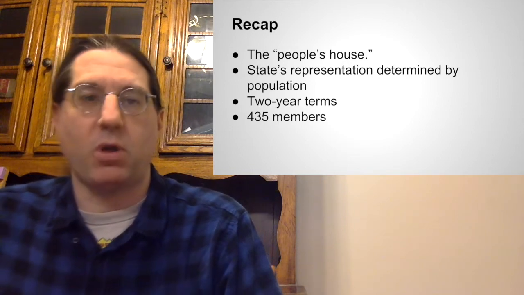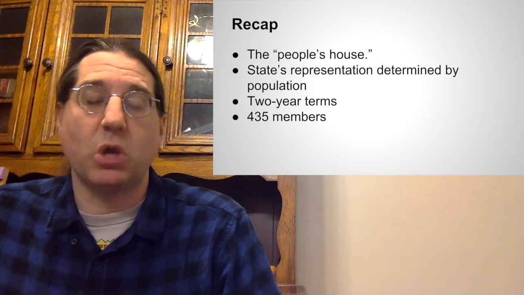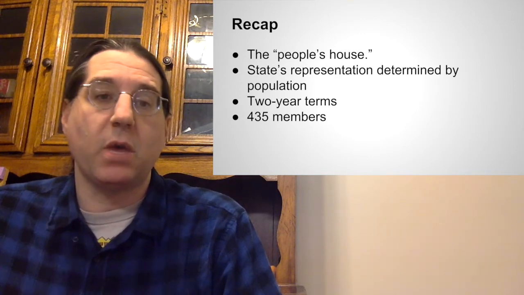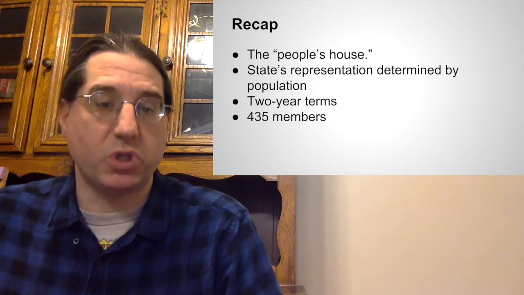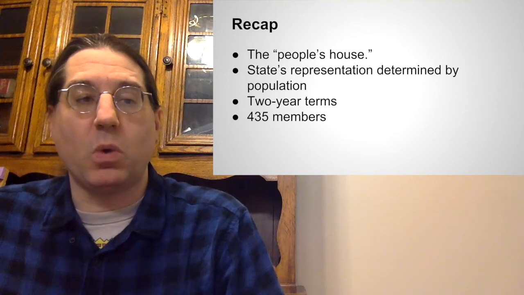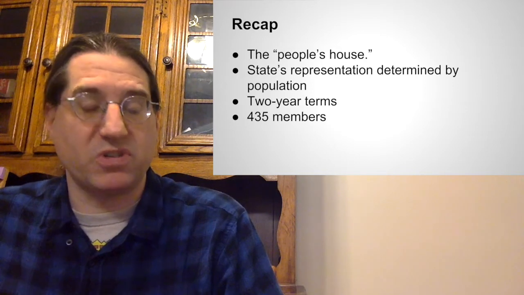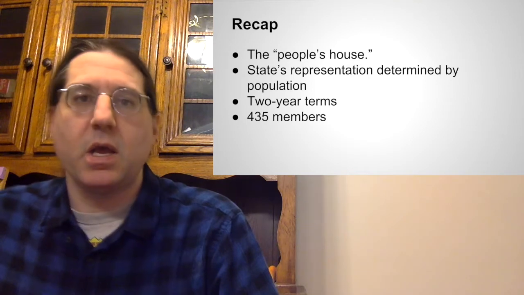Members of the House serve 2-year terms, so they have the shortest terms of any part of the government, which means that they are most frequently going back and asking the voters to reapprove them. So if they do something that displeases the voters, there's not going to be a lot of time to make amends and get back on their good side.